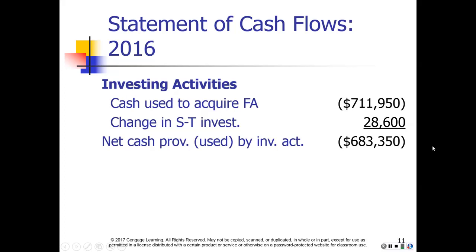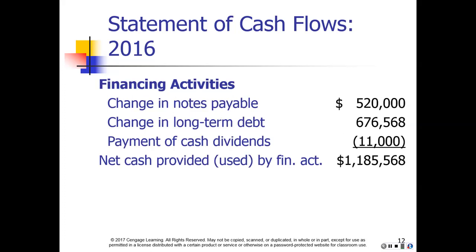And then finally, we look at financing activities, and financing is basically raising funds. We got that from changes in notes payable, which is short-term debt, and that had gone up. So we borrowed that much money and raised cash, and then we raised cash by long-term debt, which was 676,568. That was the change in long-term debt.